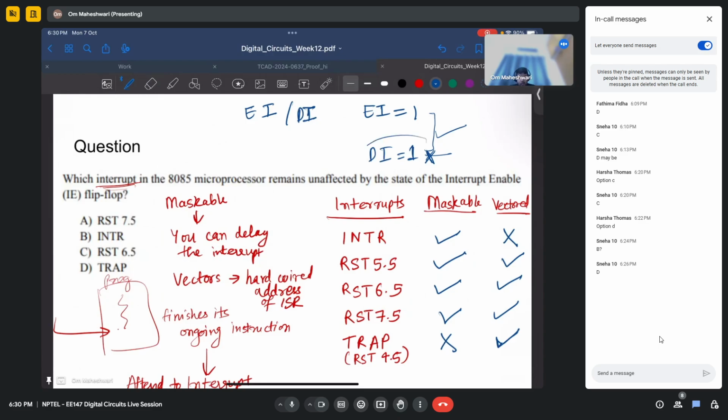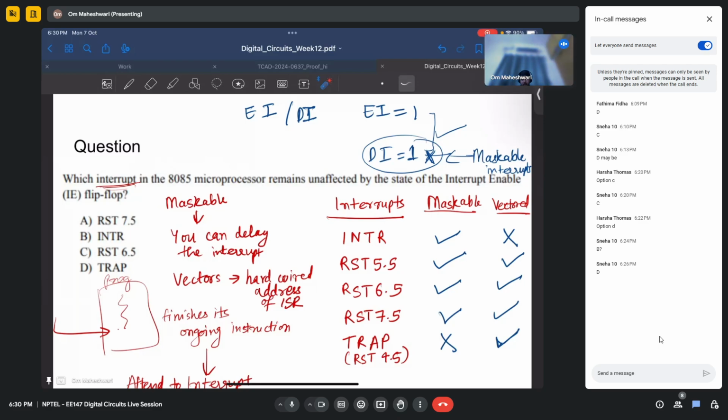This is only possible for the maskable interrupts. So DI equals 1 is the case where you can mask an interrupt, but it should be maskable. Then you can just continue working with your code and ignore the interrupt.